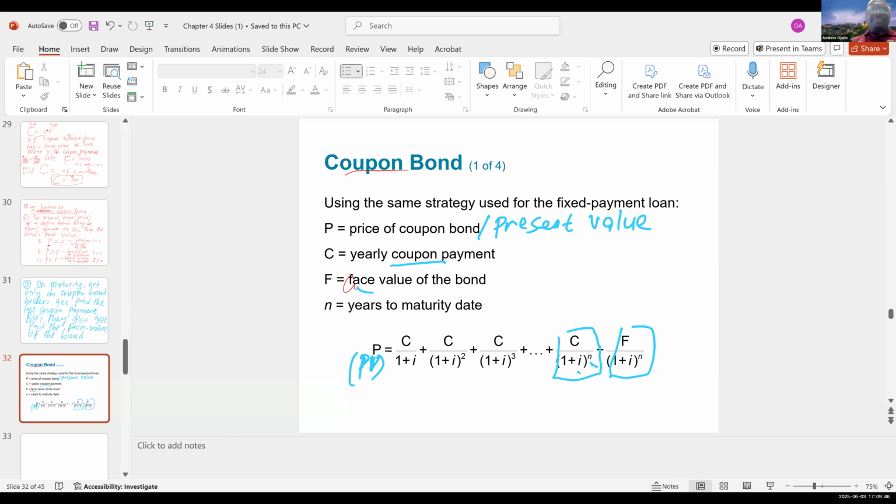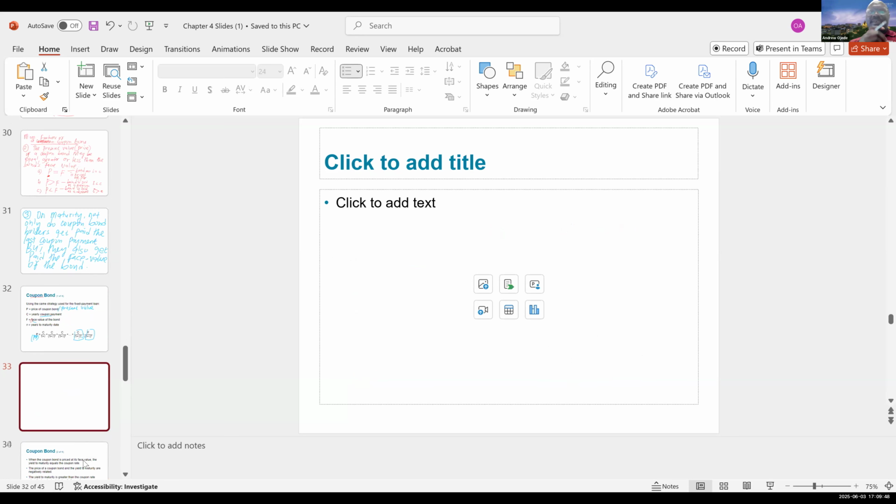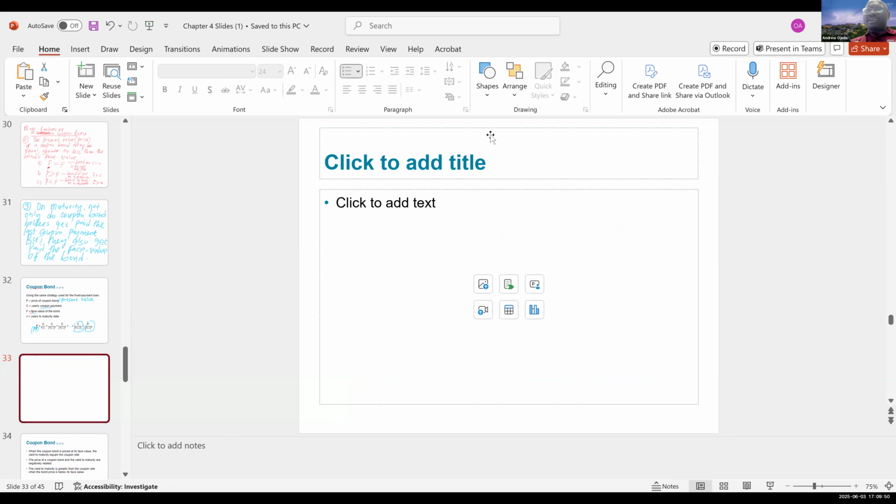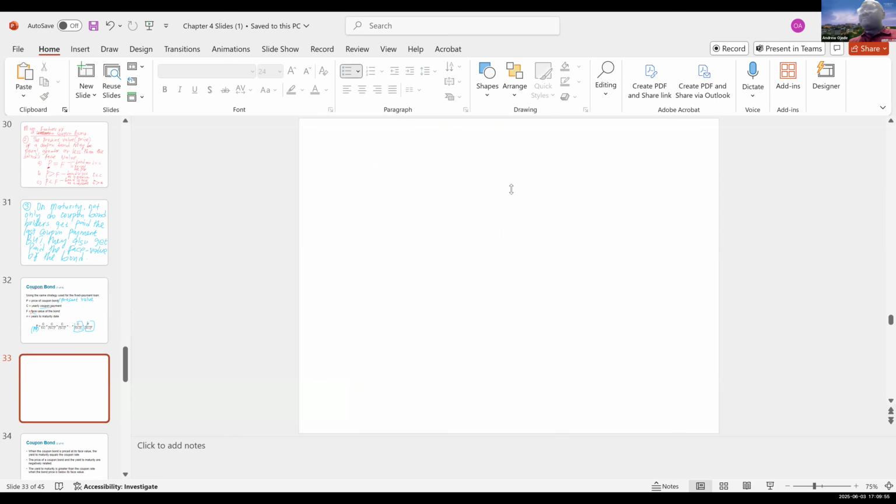So now it becomes very easy for us. It turns out that the formula for a coupon bond is very similar to the formula for a fixed payment loan. Remember the fixed payment loan, the loan value, you already know this. I want you to compare these two formulas.